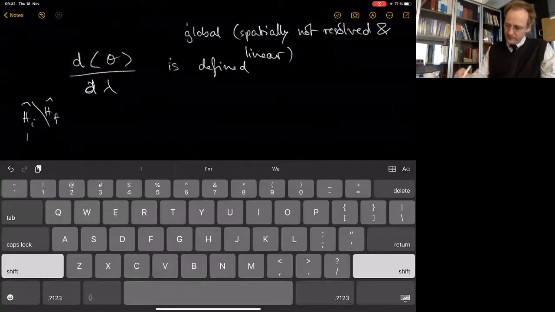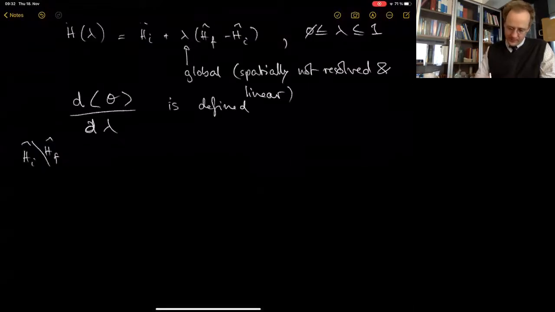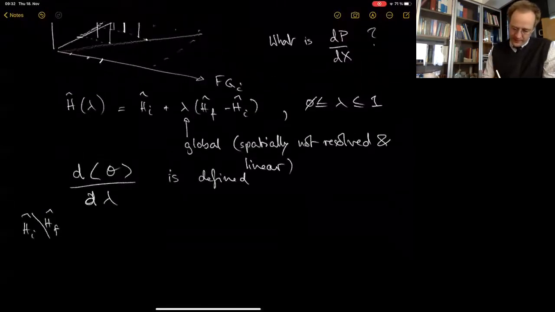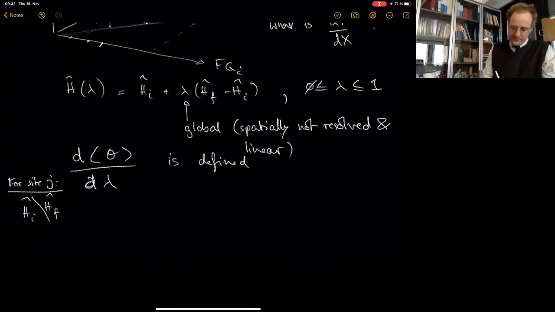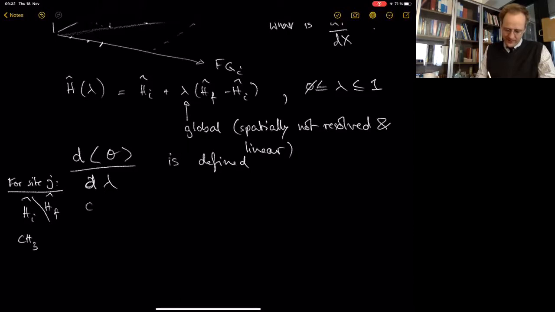So, excuse me, I could say for site J, suppose site J currently has the methyl group, then you can ask methyl to methyl, methyl to ammonia, methyl to OH, and so on until hydrogen, right?